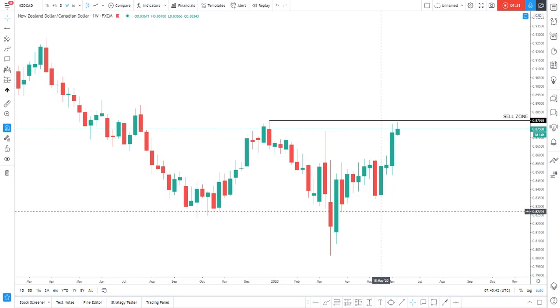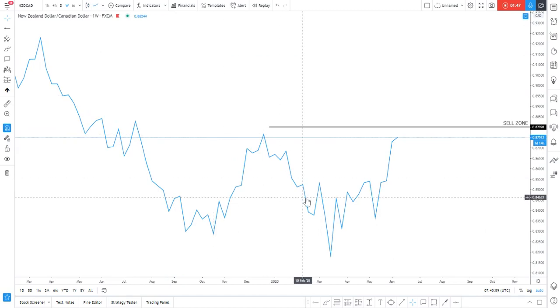So knowing that we have a W pattern on the weekly time frame and also a sell zone, my bias on NZD card would be to go short back to the neckline of the W pattern formed. So what I'll do next is switch my chart to a line chart and mark out this area of structure here, which is the wick, which is the neckline to be precise.